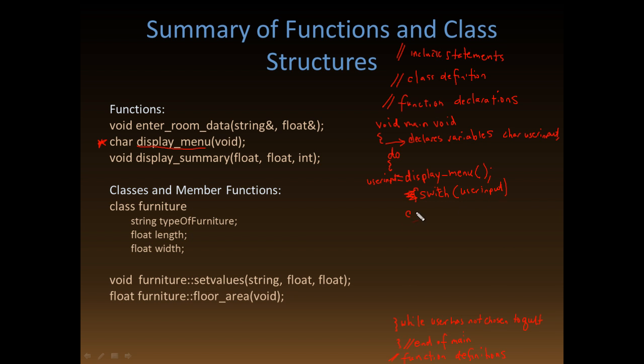and if user input is A, the first option was to enter the room data. So I would call that function, enter room data, and I would send it whatever variables it needs. Okay, I don't need to write them in now. If it was case B, that was to set furniture values.